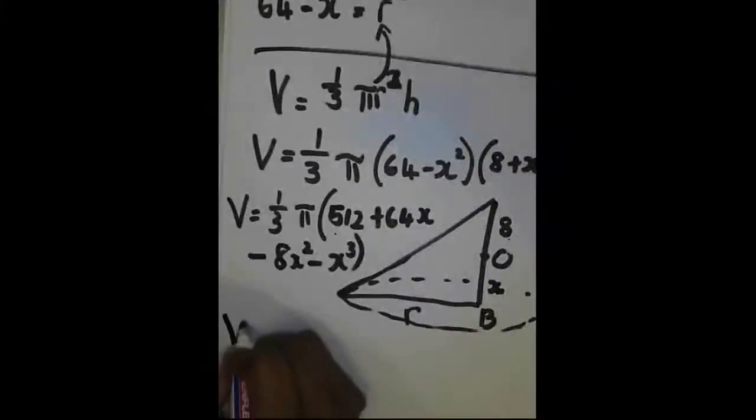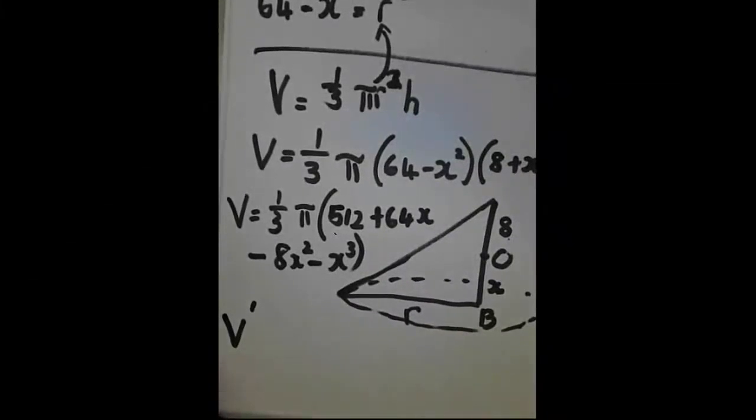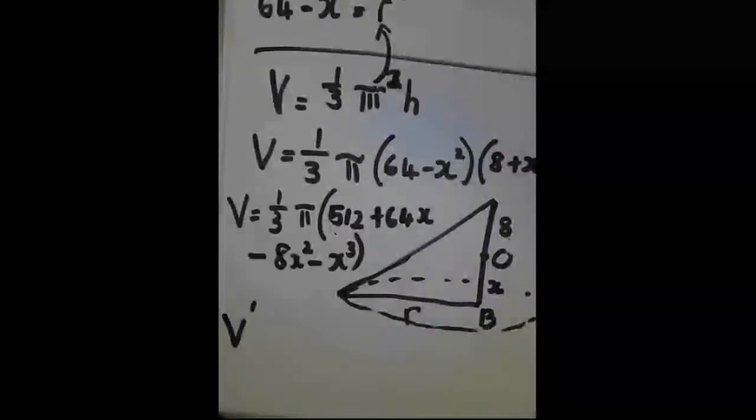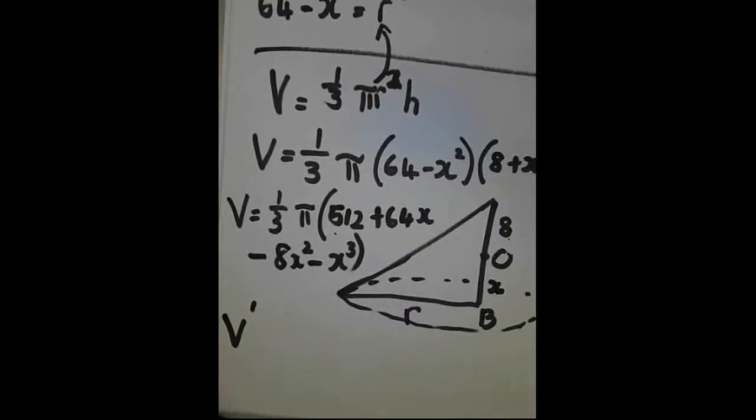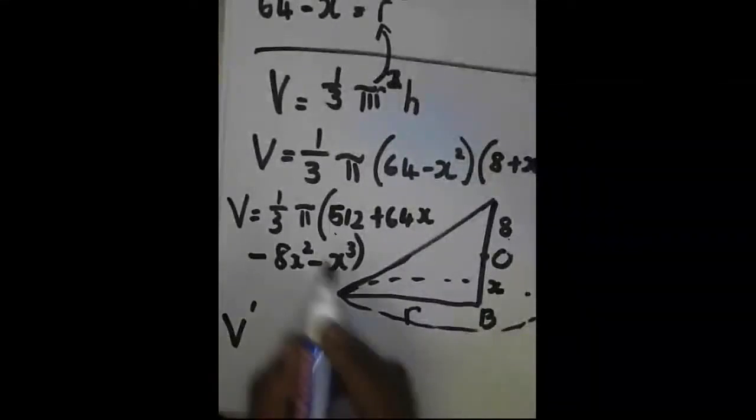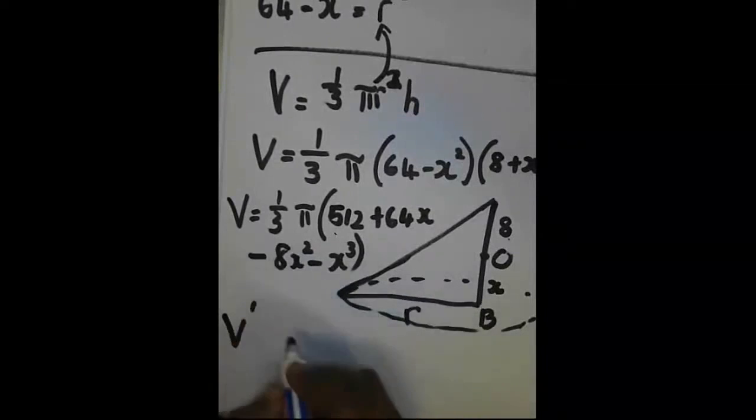So I'm going to find the derivative, because if I want to know what the maximum is, so let's look at the maximum volume of this one first. So let's find the derivative. So what do I end up with? The derivative of this one will be equal to, I leave the 1/3 pi outside there because there's nothing I can do about it.